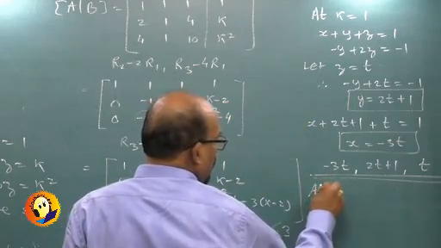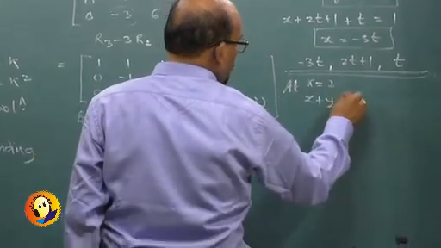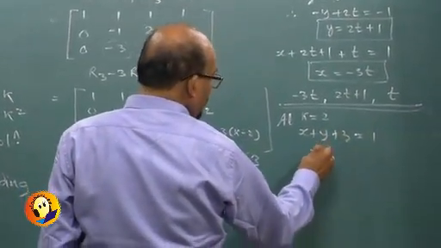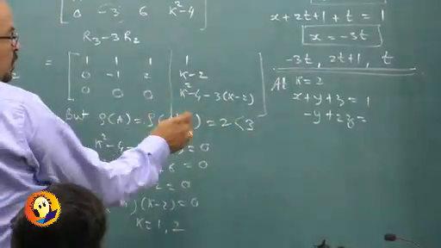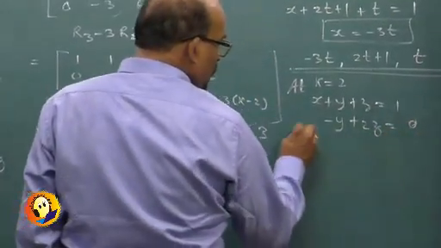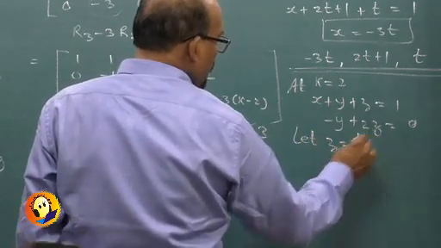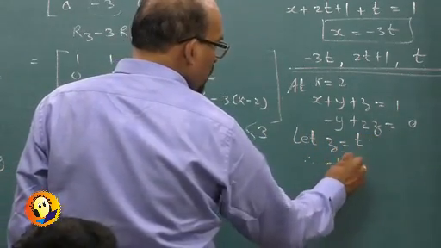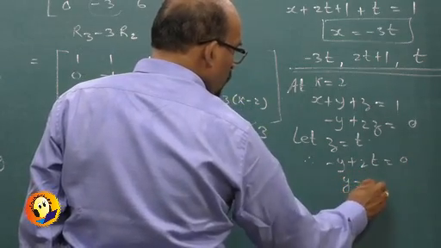So at k equal to 2, it will be still x plus y plus z equal to 1. And it will be minus y plus 2z; when you put k equal to 2, it will be 0. Let z is equal to t. Therefore, minus y plus 2t equal to 0, or y equal to 2t.